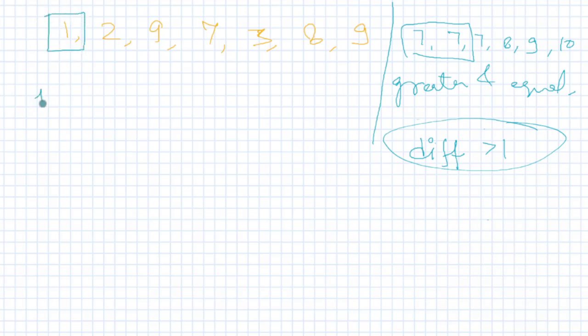If we take 1, the next element, is it greater? Yes. So we'll take 2. Third element, is it greater? Yes, 9. Okay, we got this. Now, coming to the next element, is it greater? No, it's smaller. So we'll come to the next one. Instead of this, we'll come here. Is it greater? Yes.